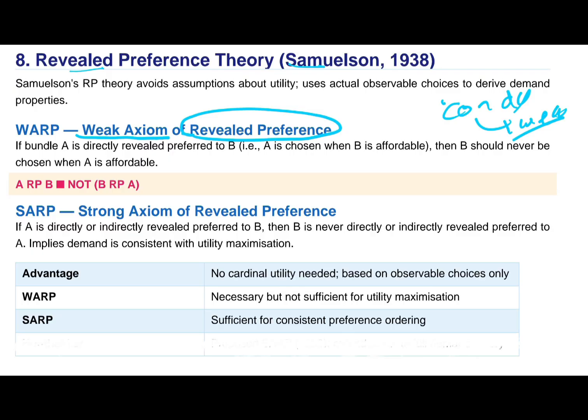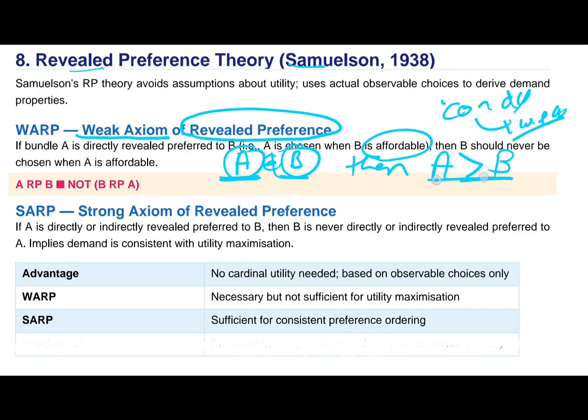It means if both bundles A and B are affordable, then the consumer always prefers A over B in every condition where both goods are affordable. If he is unable to afford bundle A, then he prefers B over A. That is also the weak axiom and it is valid; it does not violate the weak axiom condition.